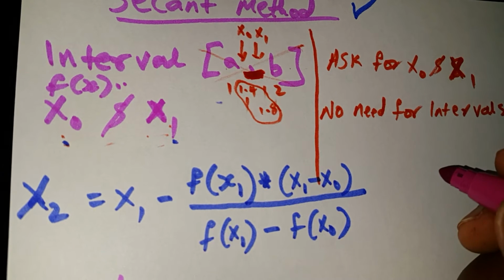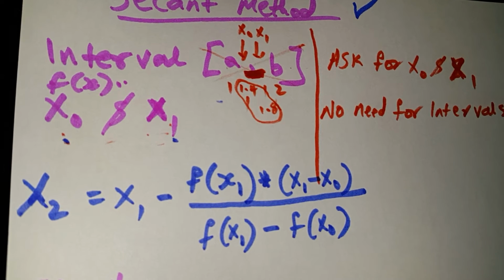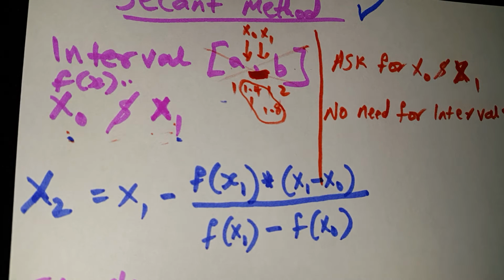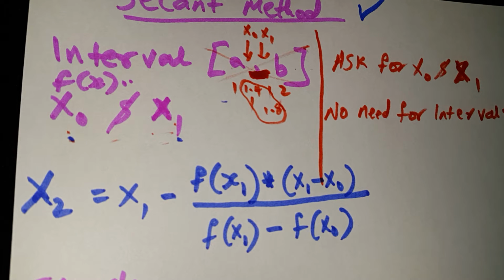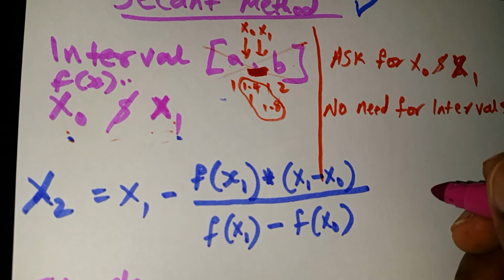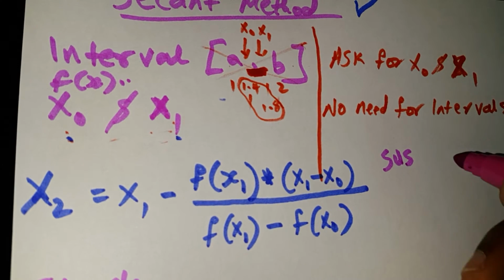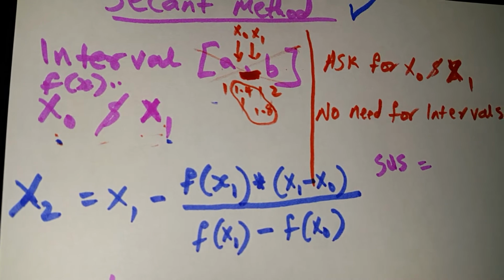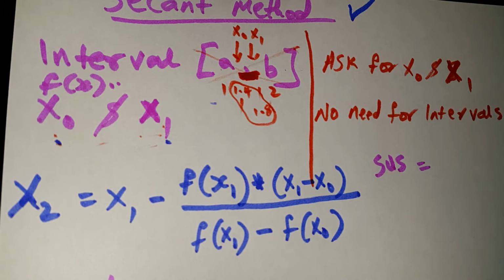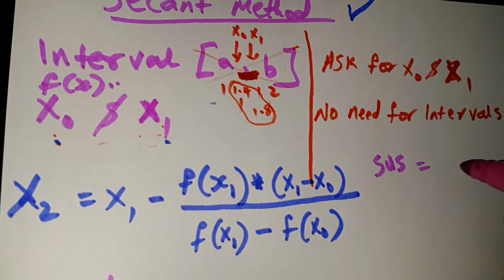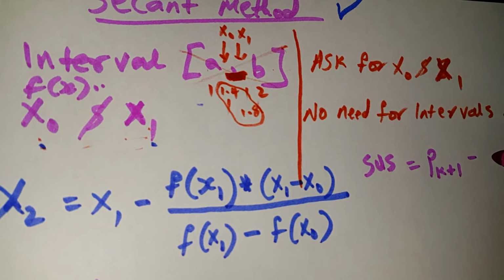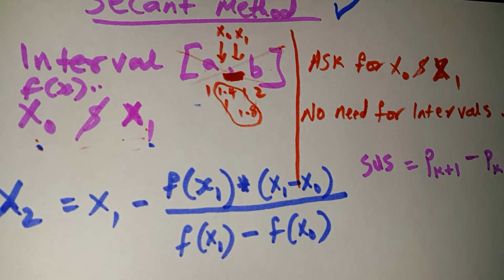The first one is our successive error, which is p(k+1) minus pk.